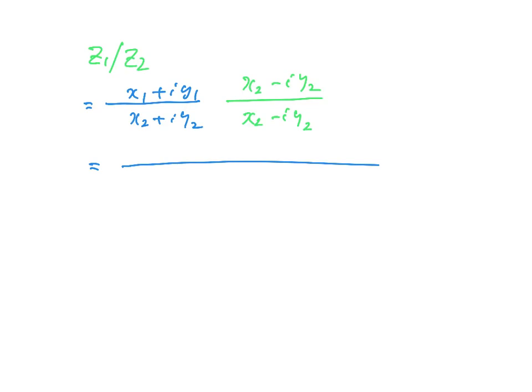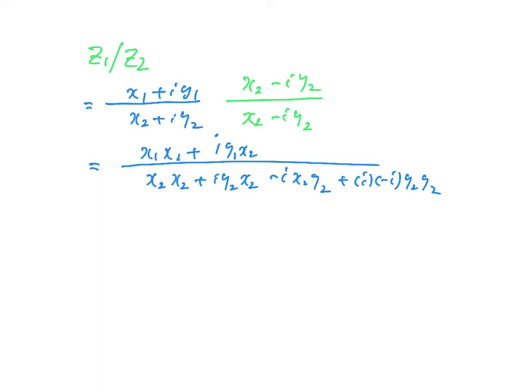Do the same thing. So the denominator: x2 plus i y2 times x2 minus i y2 gives x2 squared minus i x2 y2 plus i x2 y2 minus i squared y2 squared. The numerator: x1 x2 plus i y1 x2 minus i x1 y2 minus i squared y1 y2.